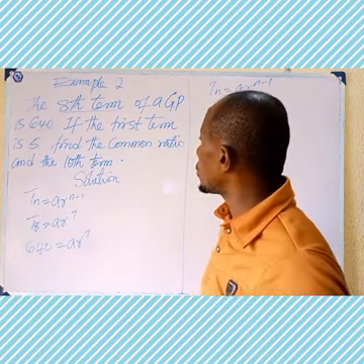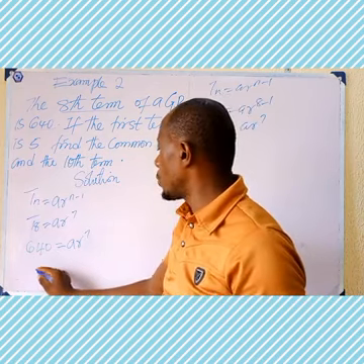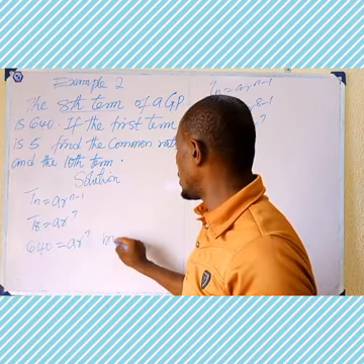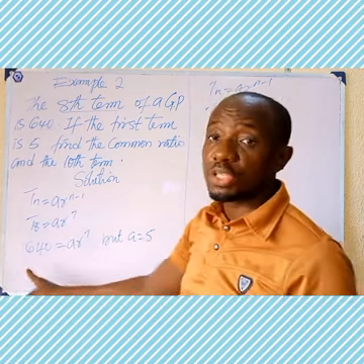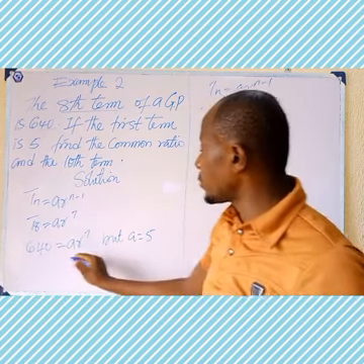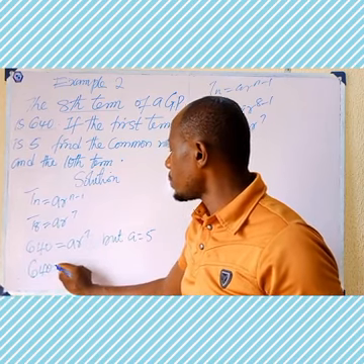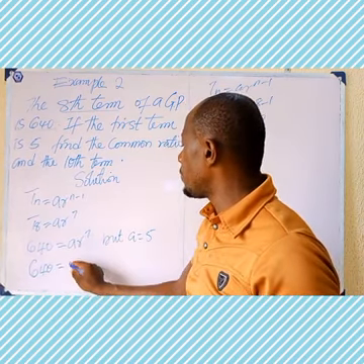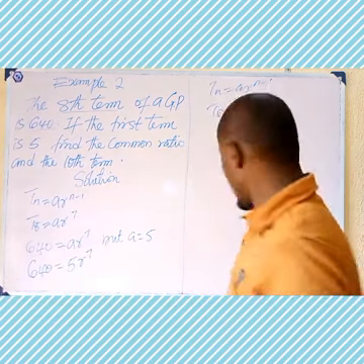So let's go back to the equation again. They say the first term is 5, so a is equal to 5, means wherever you see a here, you put 5. So this will be 640 is equal to 5r raised to the power 7.